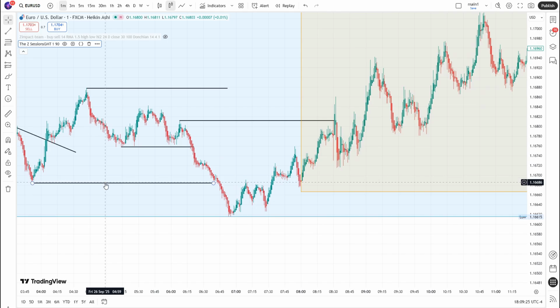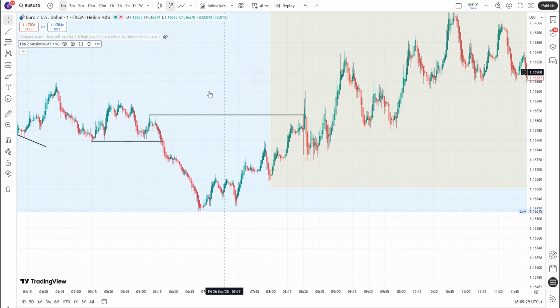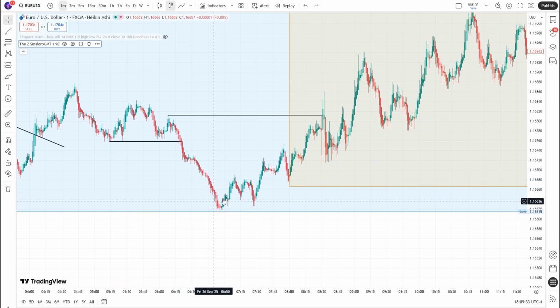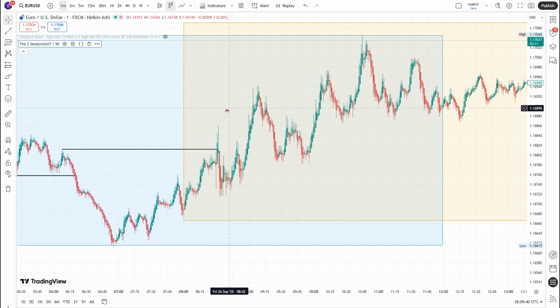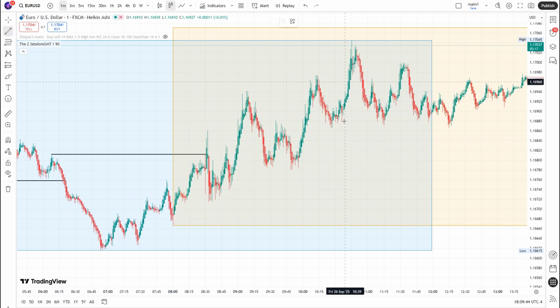So, after that move, we only care about this one. The market goes down, and after that, it retraces and breaks this point, and as you can see, it goes up.